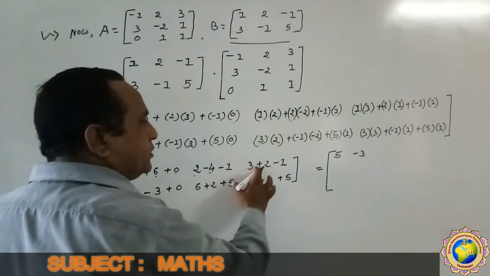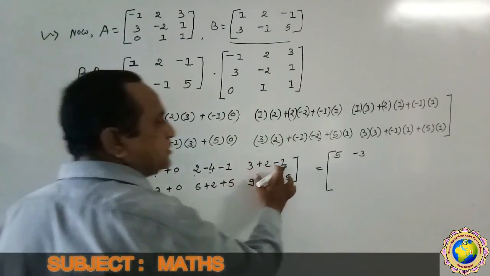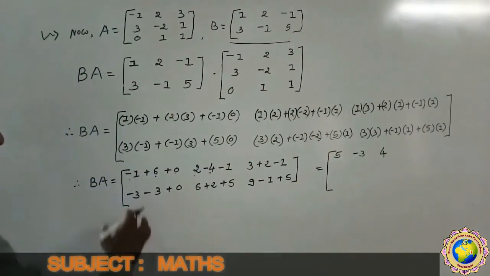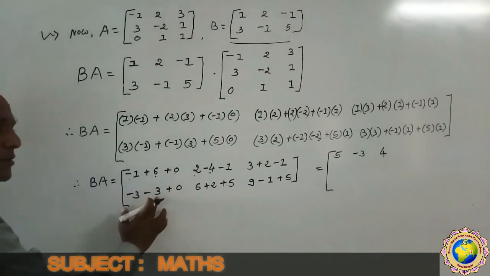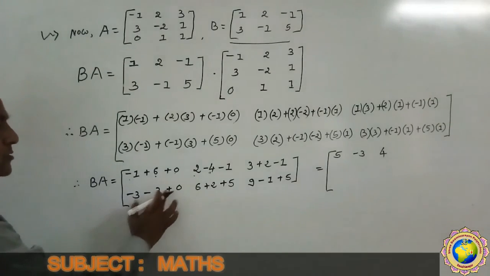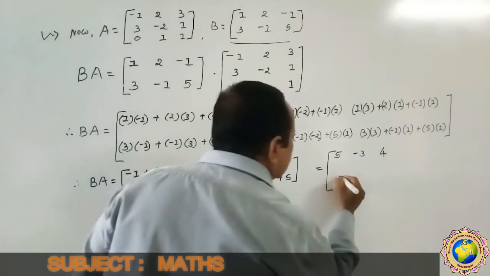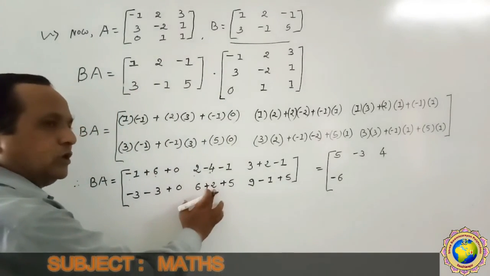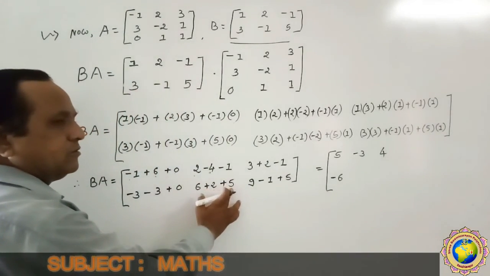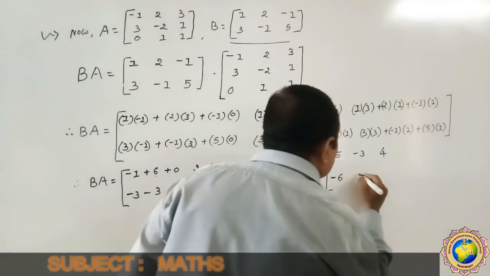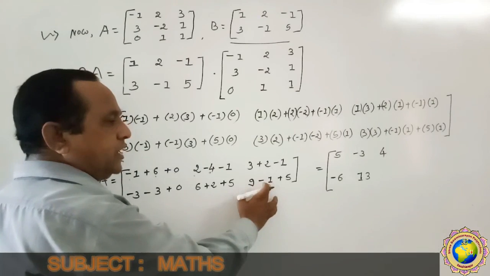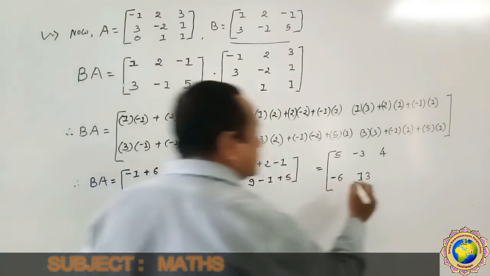So here 3 plus 2 is 5, 5 minus 1 is 4. Minus 3 and minus 3 is minus 6, plus 0, that is minus 6. 6 plus 2 is 8, plus 5 is 13. Now 9 minus 1 is 8, plus 5, that is 13.